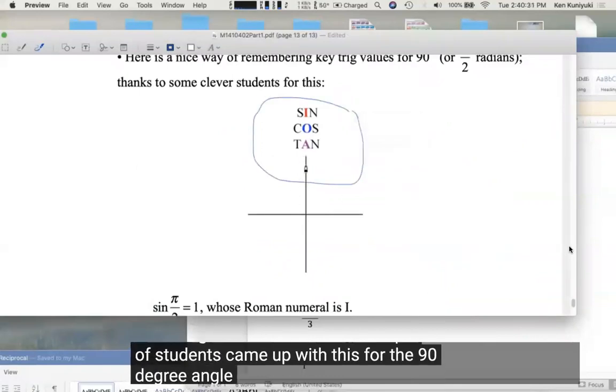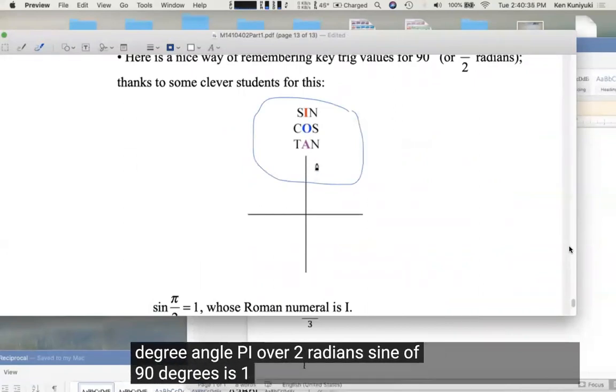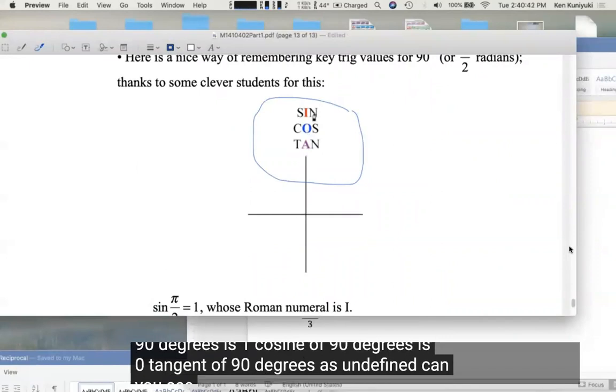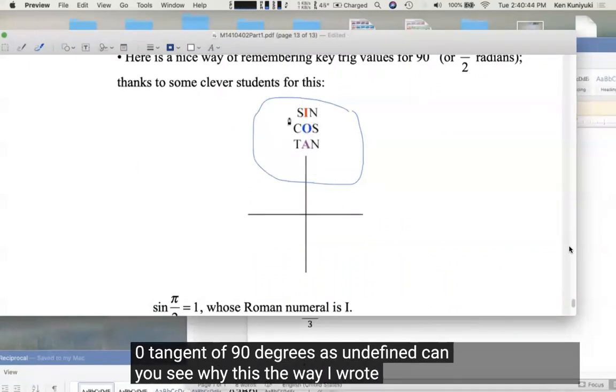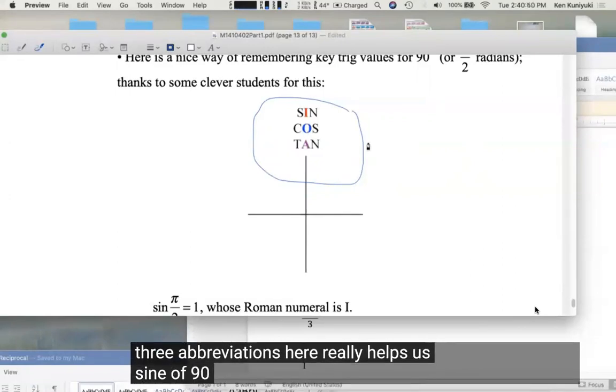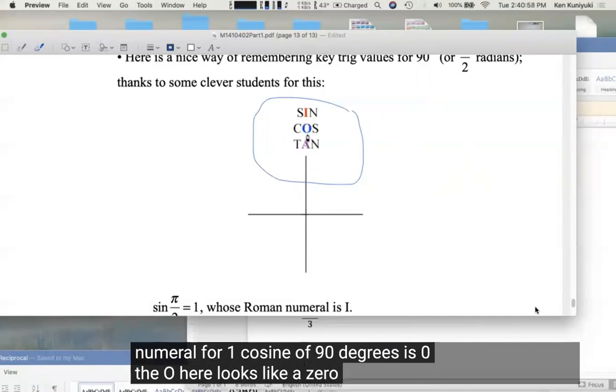For the 90-degree angle, pi over 2 radians, sine of 90 degrees is 1, cosine of 90 degrees is 0, tangent of 90 degrees is undefined. Can you see why the way I wrote these 3 abbreviations here really helps us? Sine of 90 degrees is 1. I is the Roman numeral for 1. Cosine of 90 degrees is 0. The O here looks like a 0.